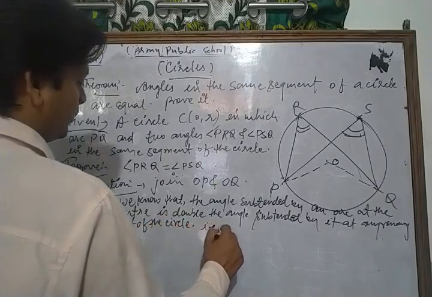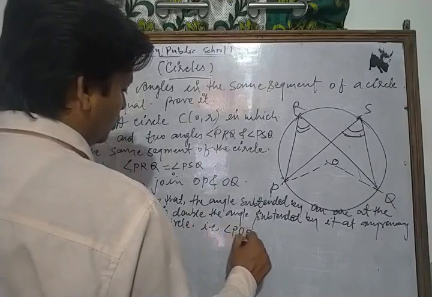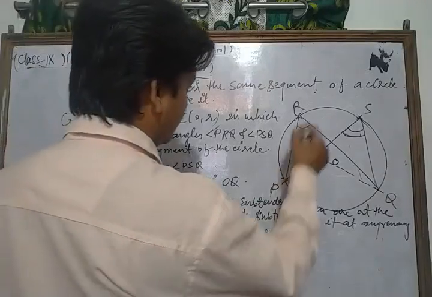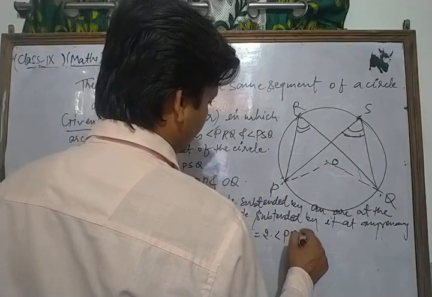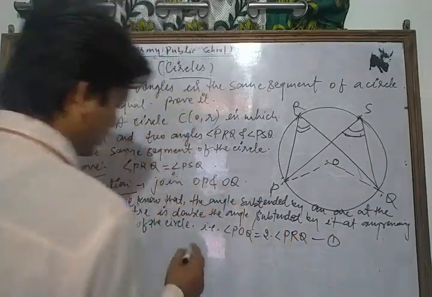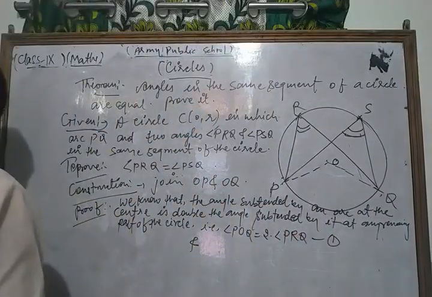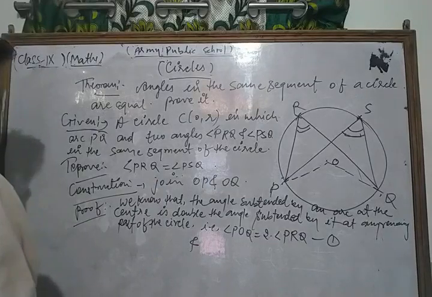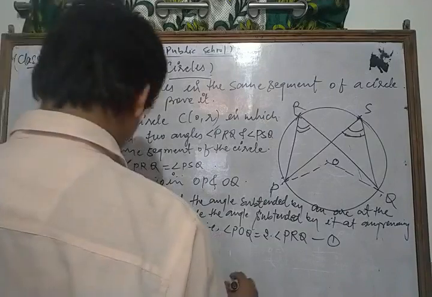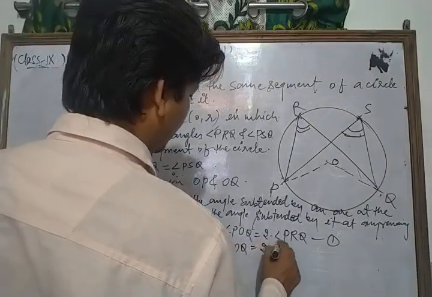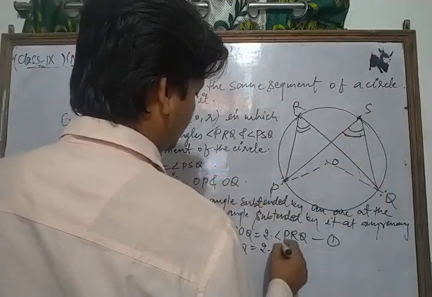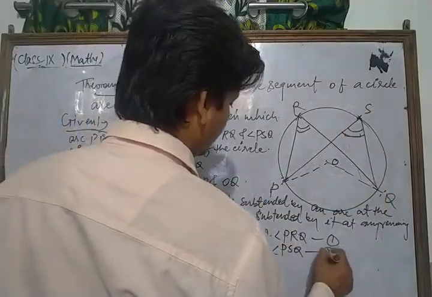That is, angle POQ is equal to 2 times angle PRQ, take this as equation number 1, as well as angle POQ is equal to 2 times angle PSQ, take this as equation number 2.